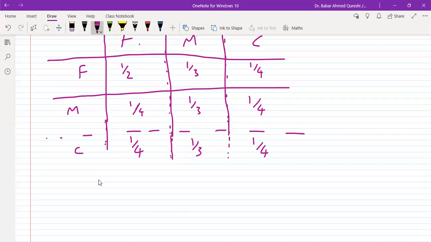So what are you having over here? You have things like 1/2 x1 plus 1/3 x2 plus 1/4 x3 is equal to x1.